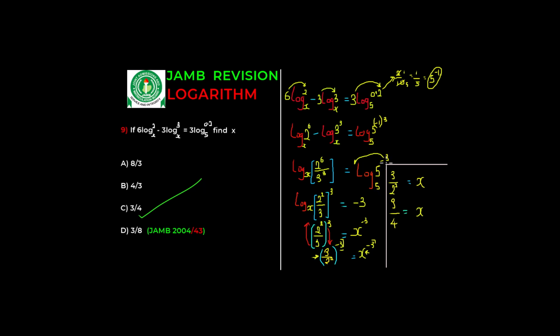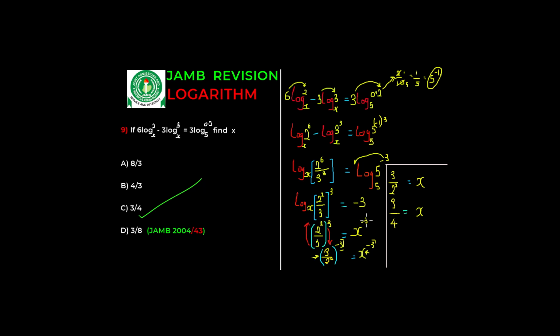When this minus 3 as a power comes over here, it becomes minus 3 times 1, which gave us minus 3. And we needed to pull out this log, so we write it as indices: log base x became the base, equals x, and this became the power minus 3.